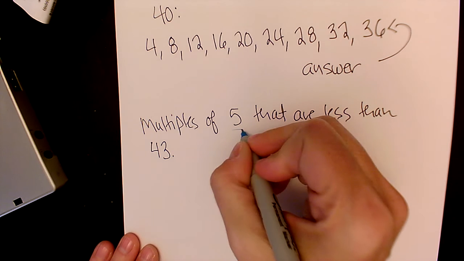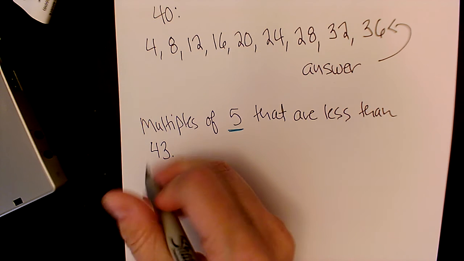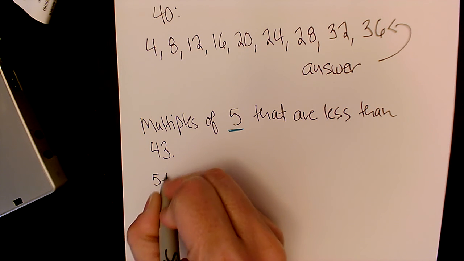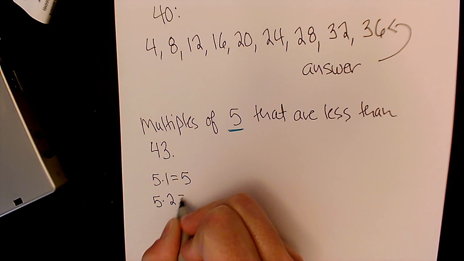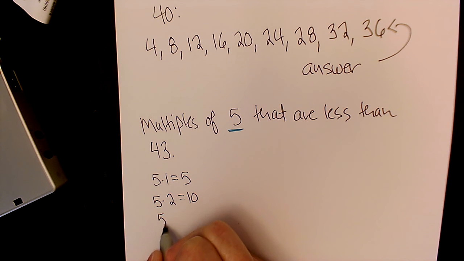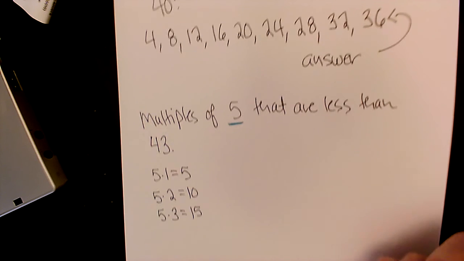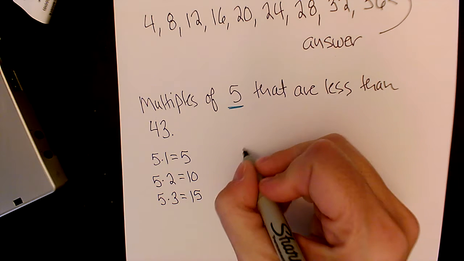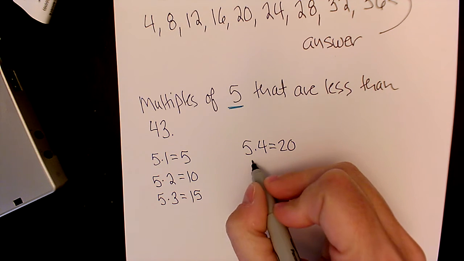So this is the number I want multiples of, 5. So I'm going to start with 5 times 1, which is 5. 5 times 2 is 10. 5 times 3 is 15. 5 times 4 is 20.